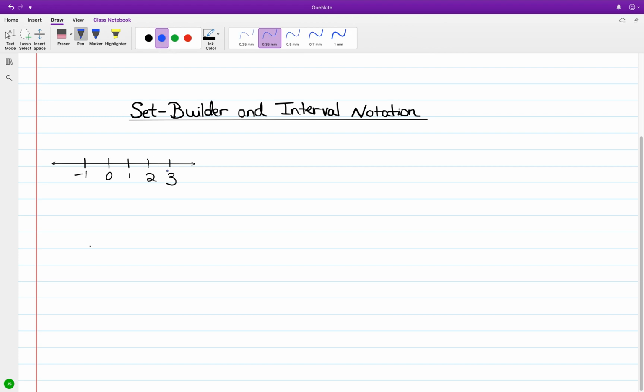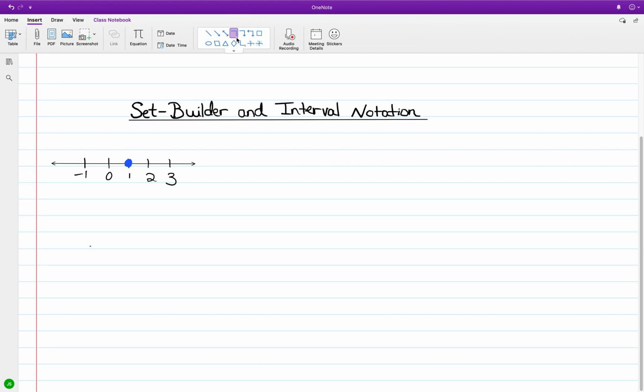Let's say I apply a graph, and let's say I have a closed point on 1, and an array that is going to go out to the right continuously.